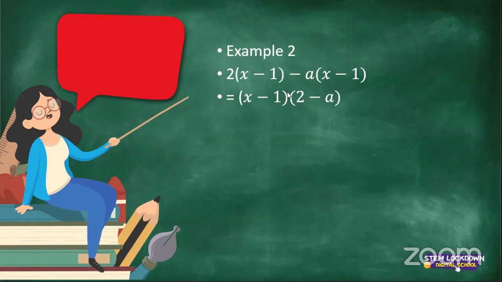How did we arrive at this point where we have taken out x minus 1 and then 2 minus a? Do you see a common factor there? If you see a common factor, please raise up your hand and tell me what is the common factor in example 2.